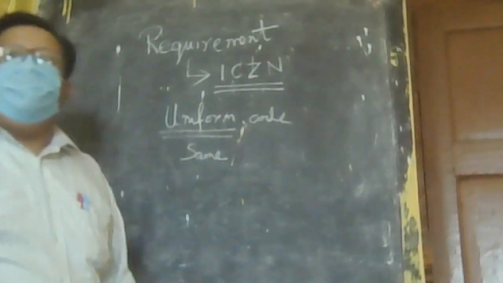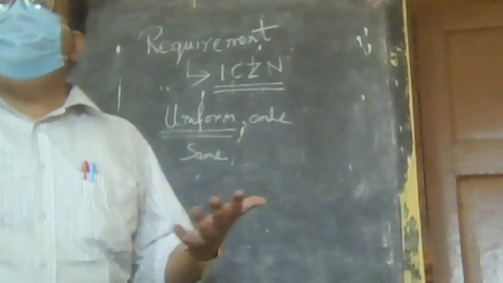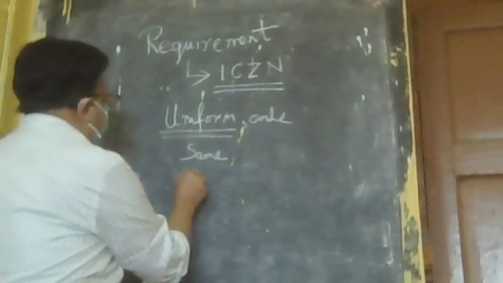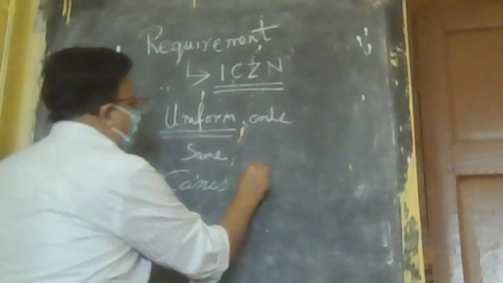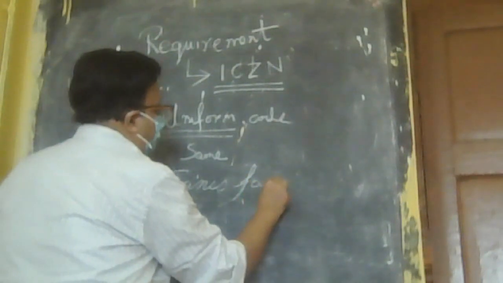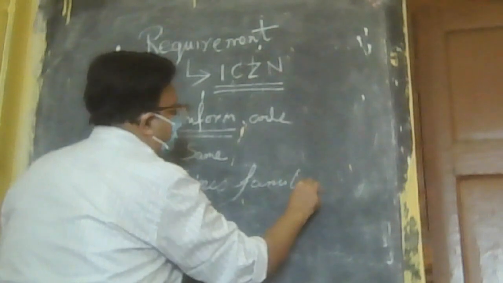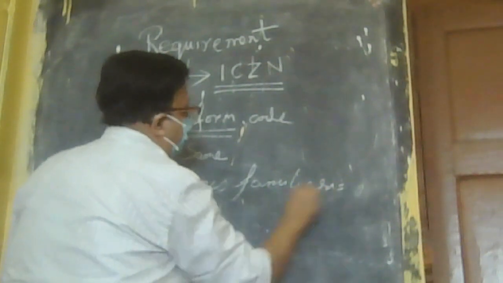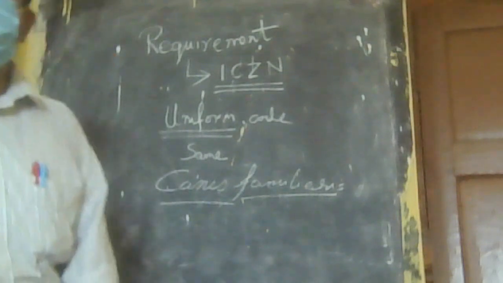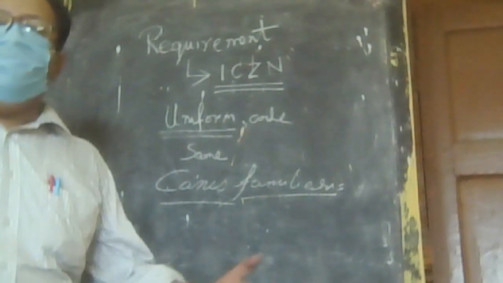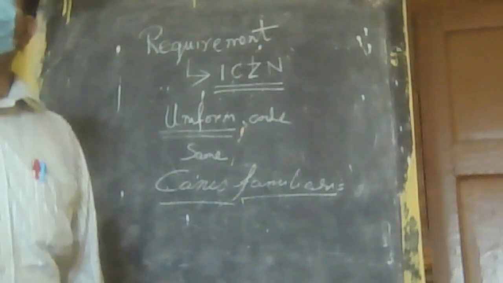For that there is uniformity. Now, to give uniformity, the name given is Canis familiaris.